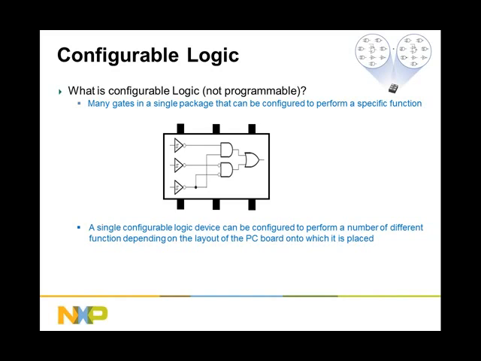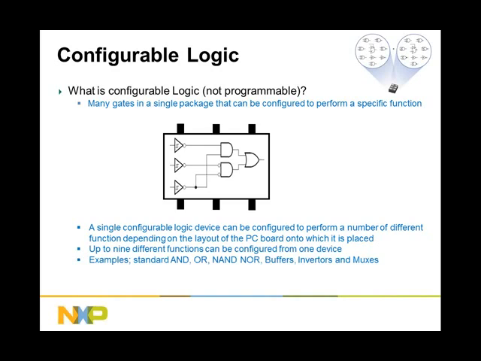When this device is mounted on a PCB, depending on how you have performed the interconnections on the device, you can configure it to perform one of 9 different specific functions at that particular location on the PCB. For example, it can be configured to be an AND gate or an OR gate, NAND or NOR, buffers or inverters, depending on how you hardwire it on the PCB.